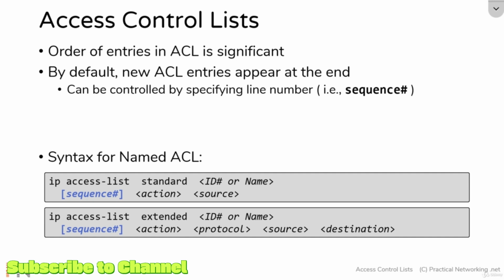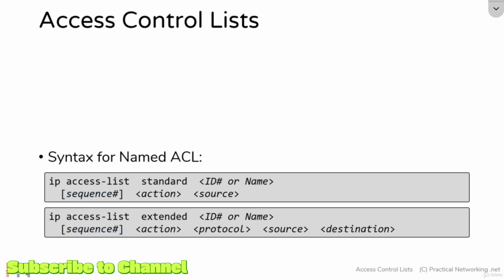You can specify that a new entry should appear at any line number you want. That's the benefit of that sequence number field. Now note that it is an optional field. That's what these brackets mean. That means if you don't put it, it'll simply appear at the end. But you can control that by specifying a number in that field. So that takes care of talking through the fields in the named access list syntax.